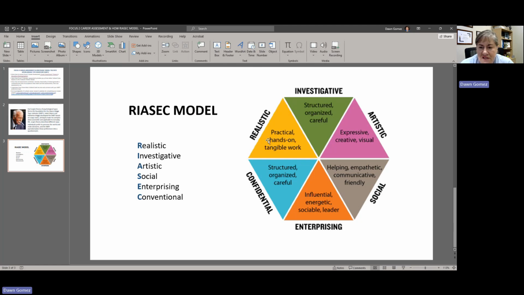So these 6 clusters represent John Holland, who was a psychologist and created this model in 1959 that we're using today because it's so useful for understanding how we choose our work, how we choose our careers, comprises the RIASEC model.